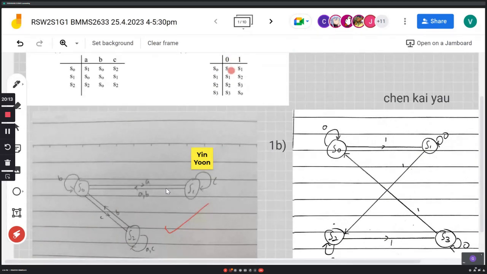Abdullah, understand or not? Yes. The rest, any problem with this? Just look at this, the 0 and 1 here is the input, and what happened to all the states? Then just follow.